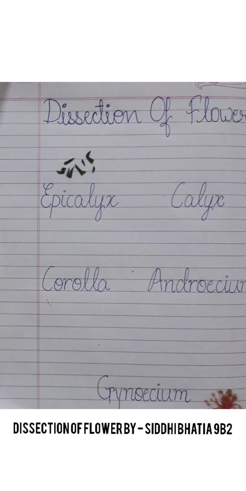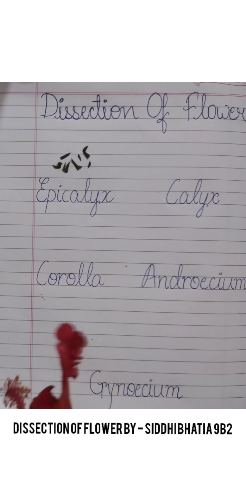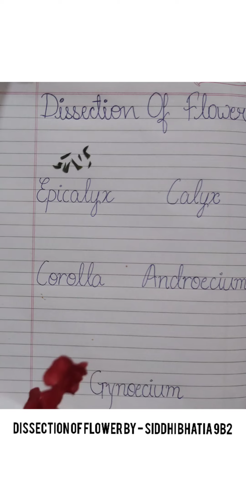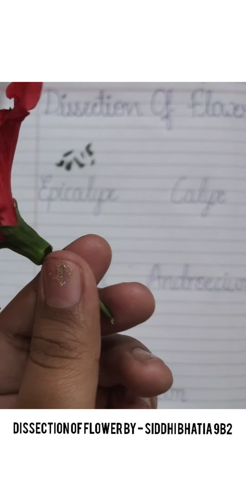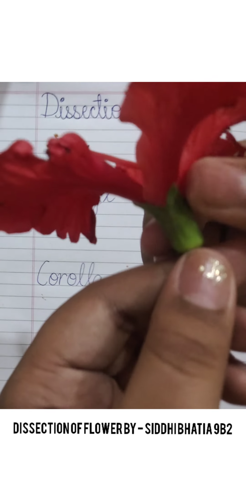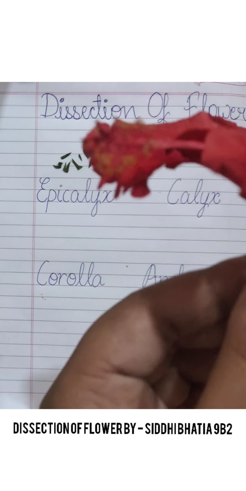And now the second one is calyx. None of the sepals are free from each other. You can see sepals are united with each other, so it is a gamosepalous condition. These are sepals. So now let's take out this.